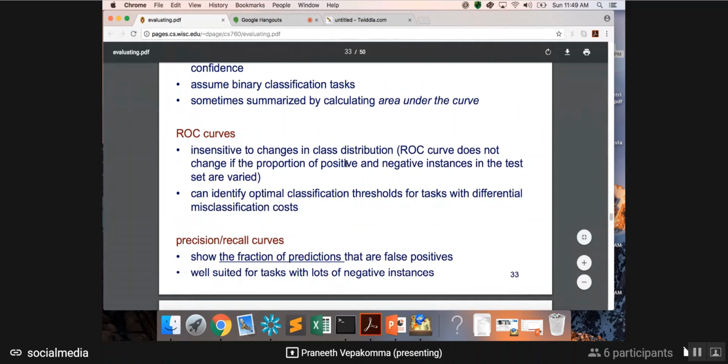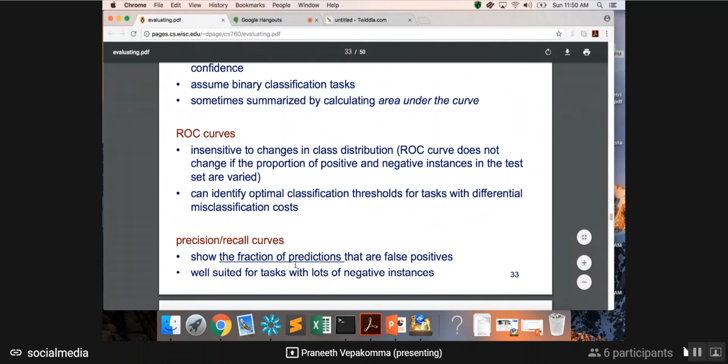So the ROC curve does not change if the proportion of positive and negative instances in the test set is varied. So that's a good thing, imbalance is not really hurting it. It can identify the optimal classification threshold. So obviously, for your given misclassification costs, you have a different cost for a false positive versus a false negative. So this helps you compute that, make that decision.